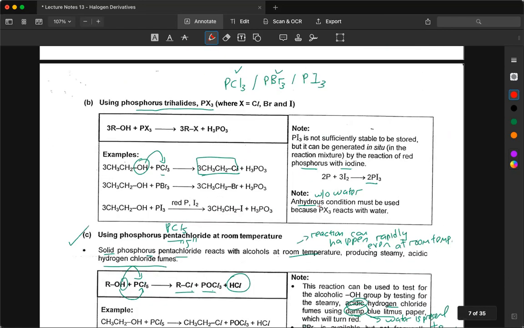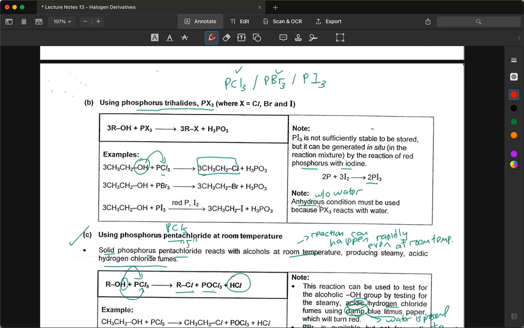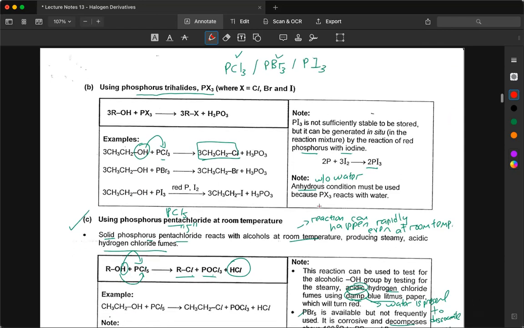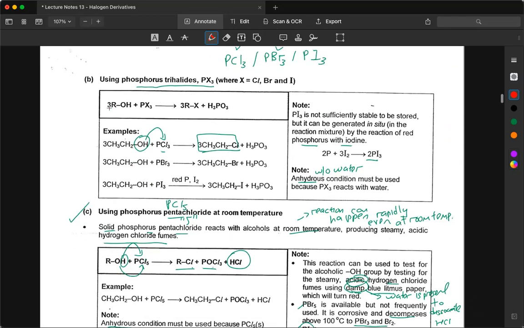Other methods include the use of phosphorus trihalides, PX3. X can be any halogen. So simply react the alcohol with PX3 to obtain RX and H3PO3.